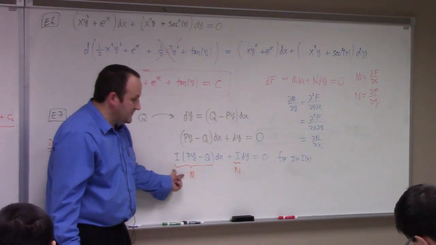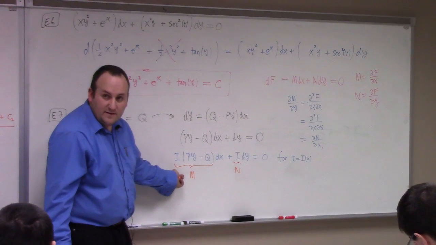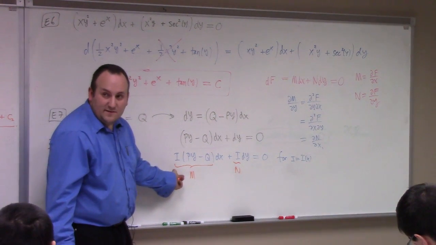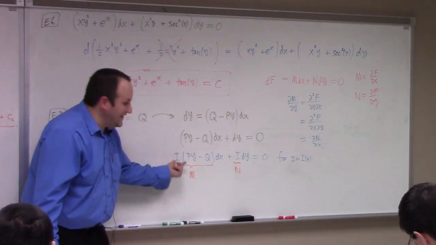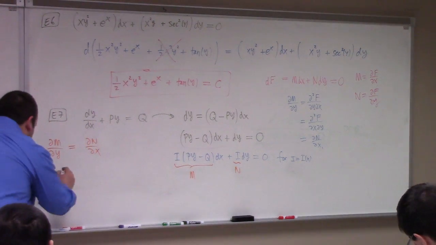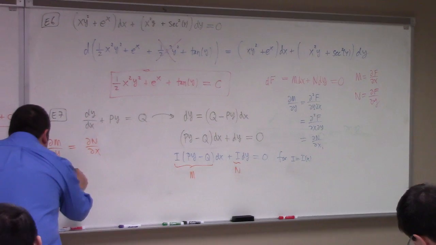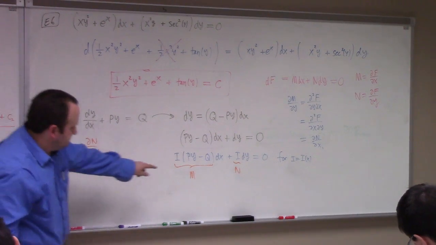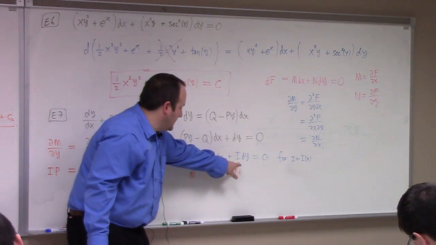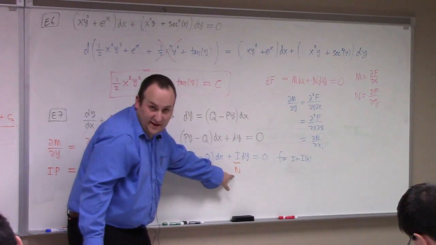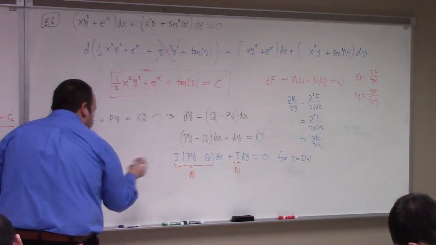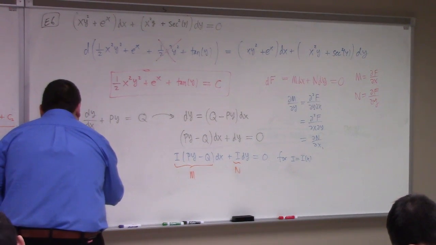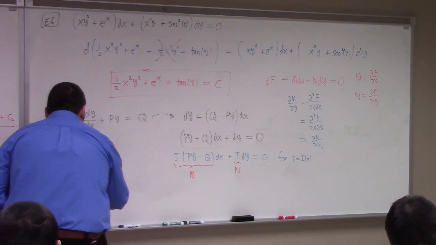When you partially differentiate with respect to y, the only thing that's got a y in it is y. So the partial derivative is just Ip. And Ip is supposed to equal partial N partial x, so that is partial I, partial x, but that's dI/dx because I is just a function of x, we're assuming.